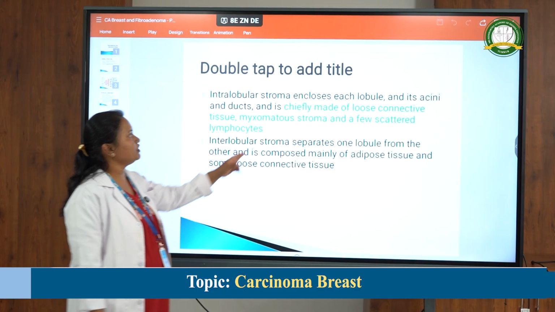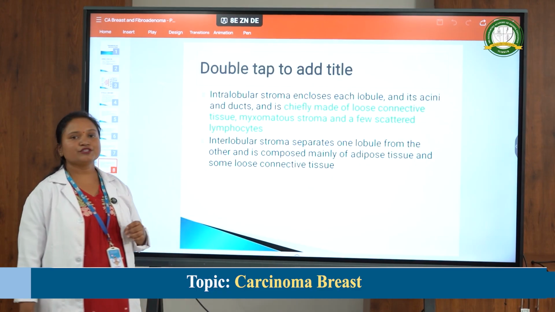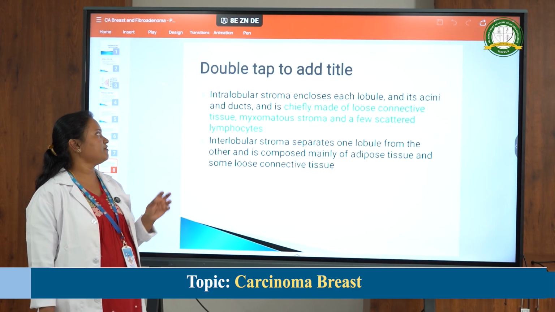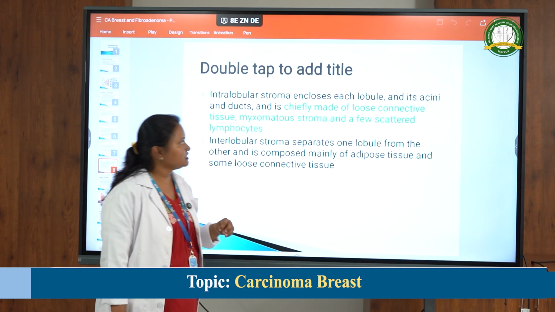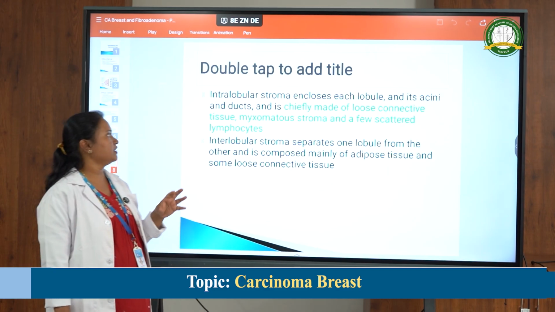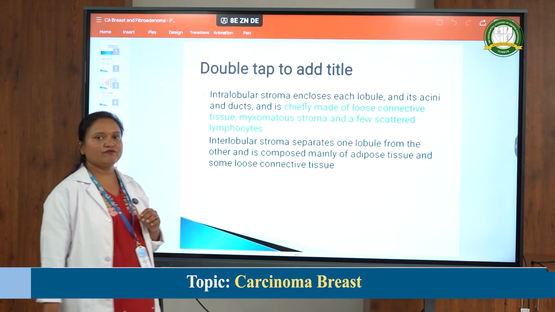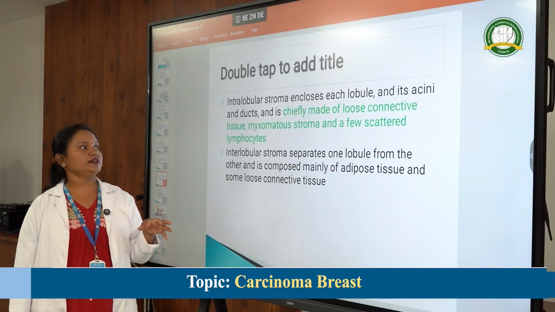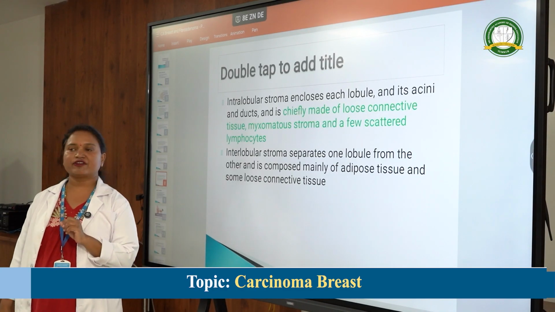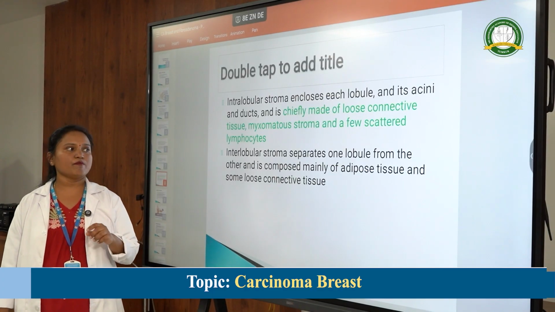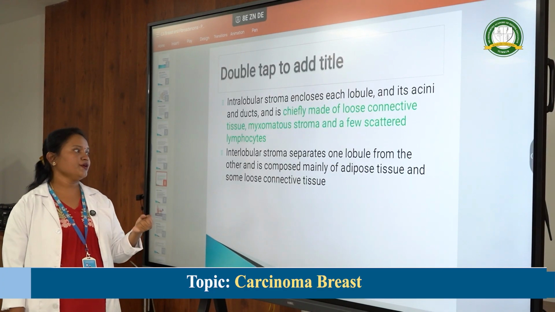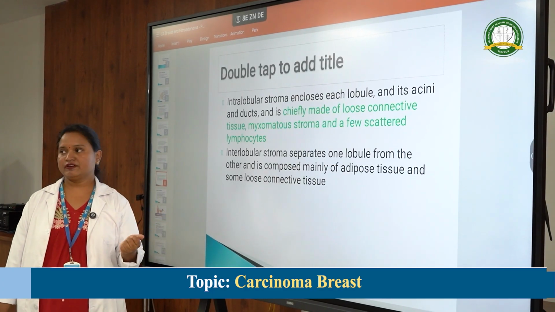The intralobular stroma encloses the lobule, which consists of acini and ducts, and is chiefly made up of loose connective tissue, myxomatous stroma, and a few scattered lymphocytes. The interlobular stroma separates one lobule from the other, and it is composed mainly of adipose tissue and loose connective tissue.